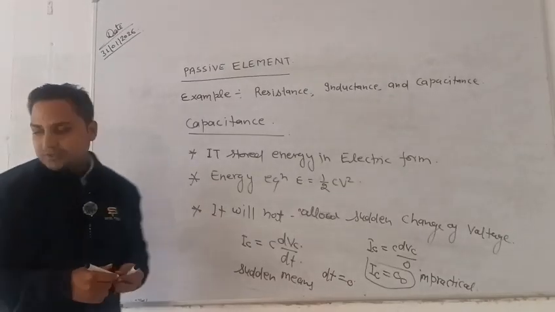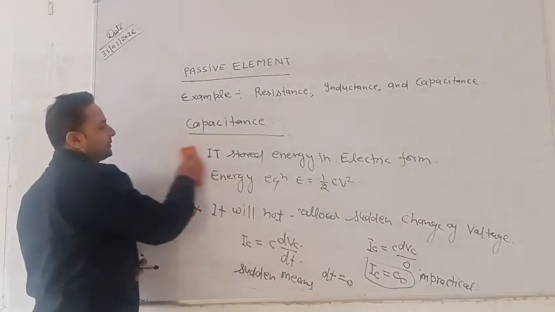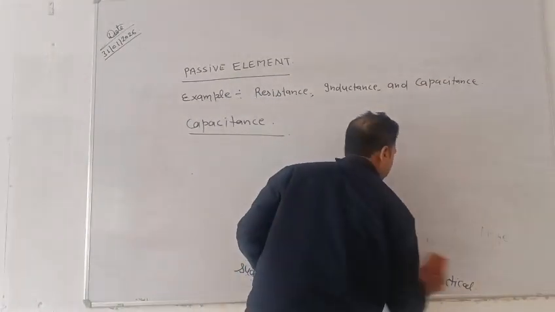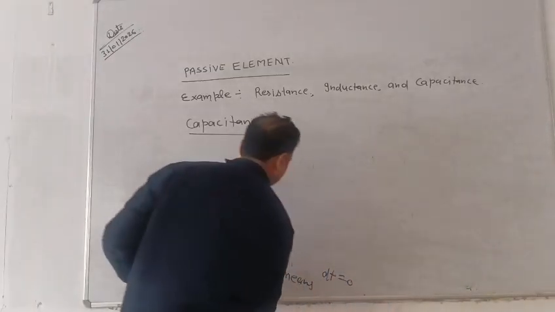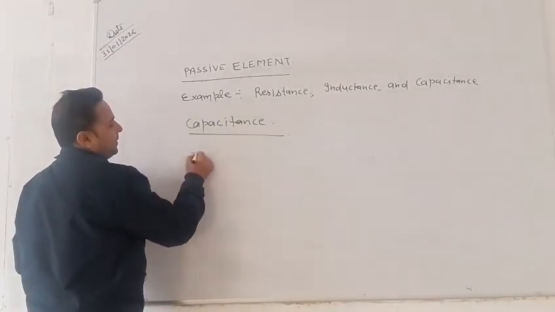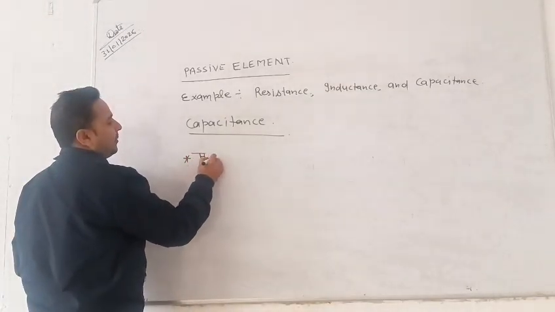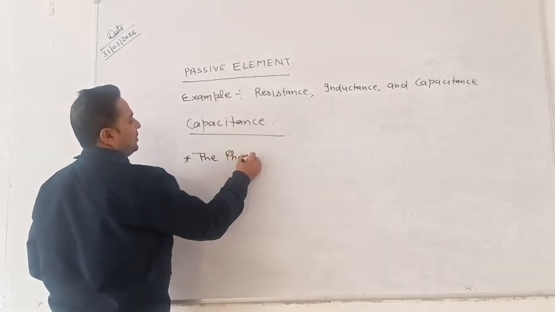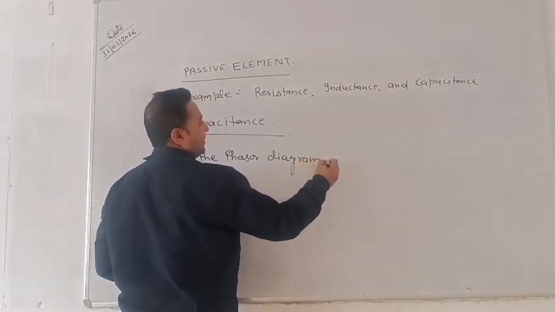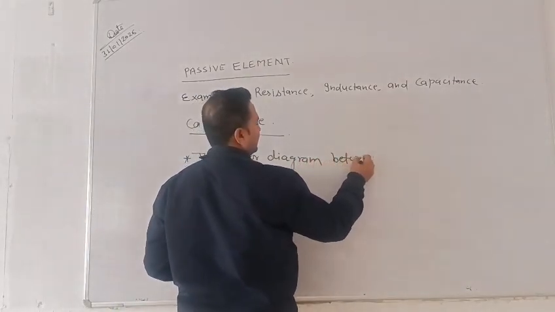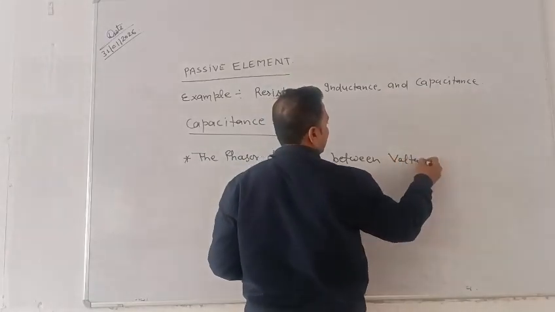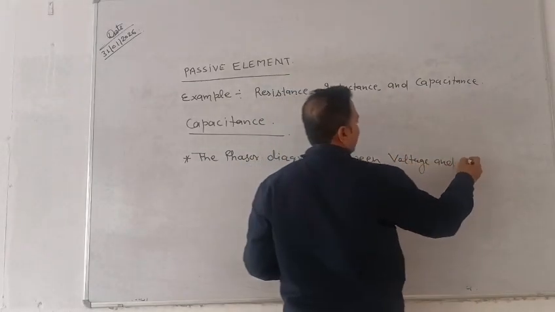The next property of capacitance is the phasor diagram between voltage and current.